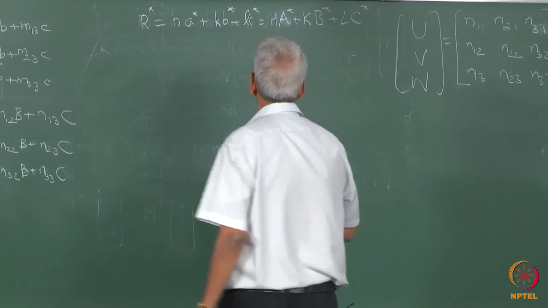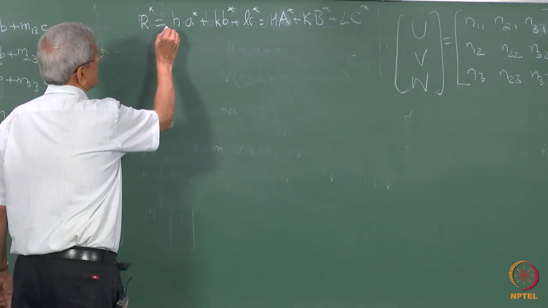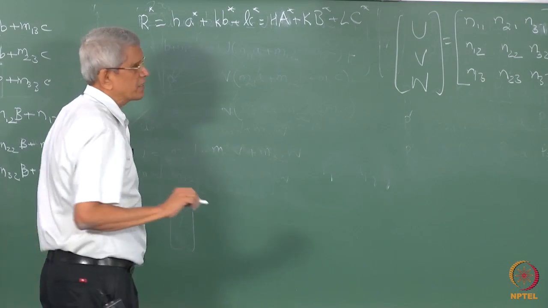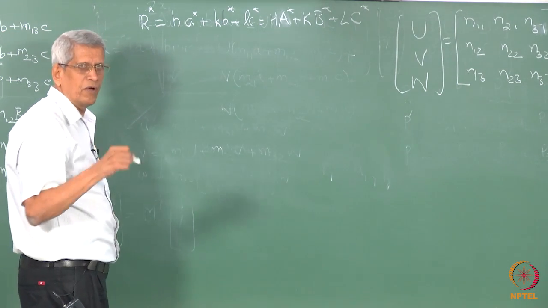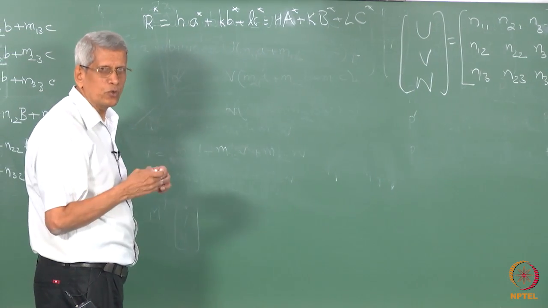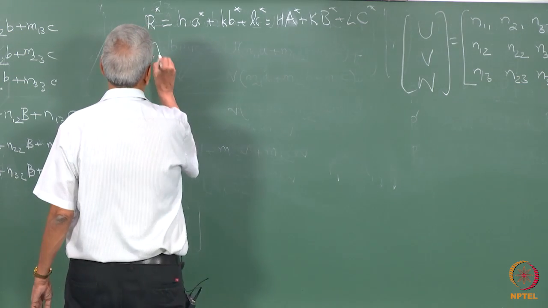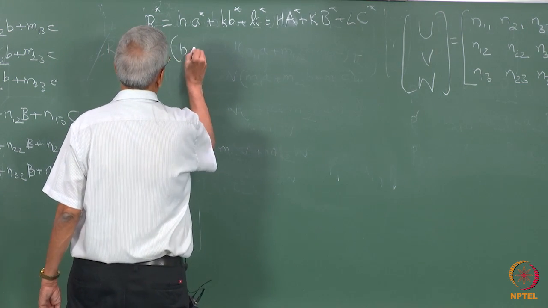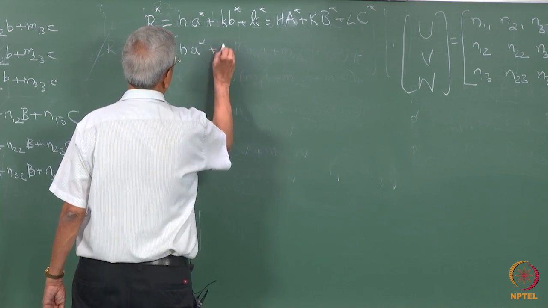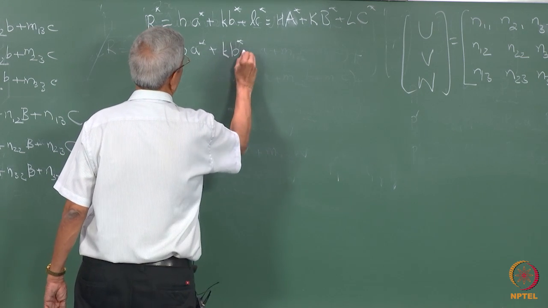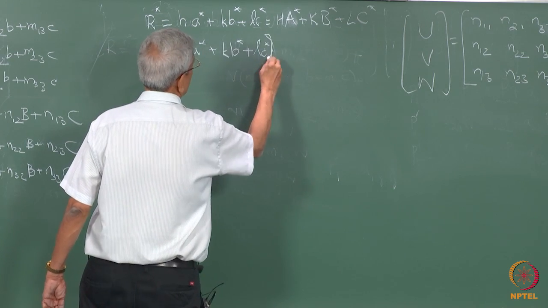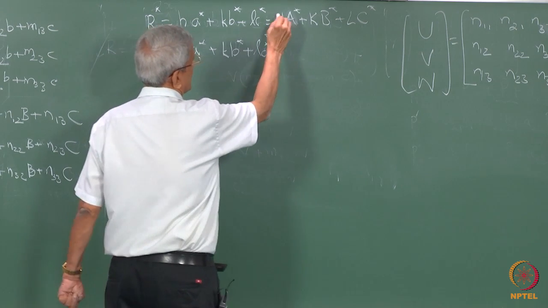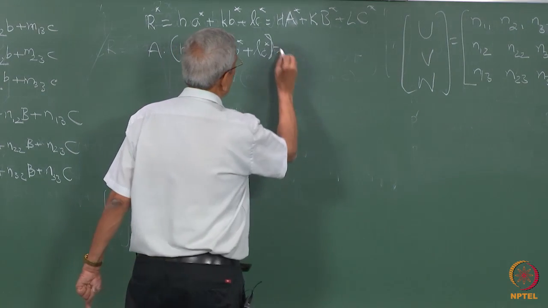If on this side we take a dot product of this vector with a vector A in the new coordinate system, then this will become A dot H into A star plus K into B star plus L into C star.